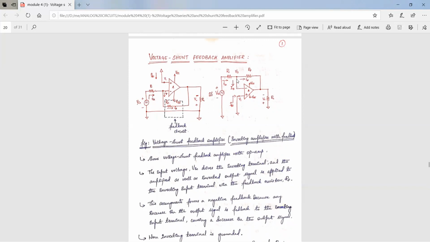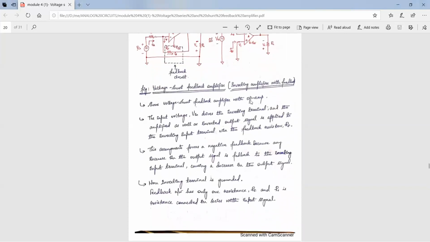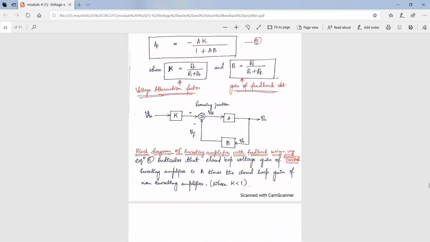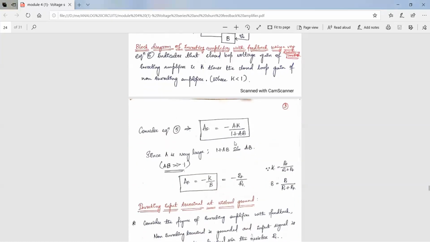Vin is given to V2, but for further simplification we'll consider the concept of virtual ground, and we'll say that the voltage at inverting terminal V2 is also at ground potential, and we'll write V1 is equal to V2 is equal to 0.